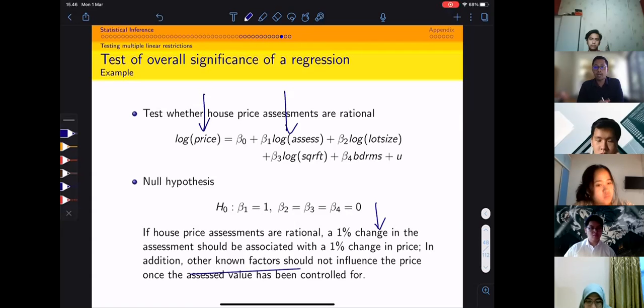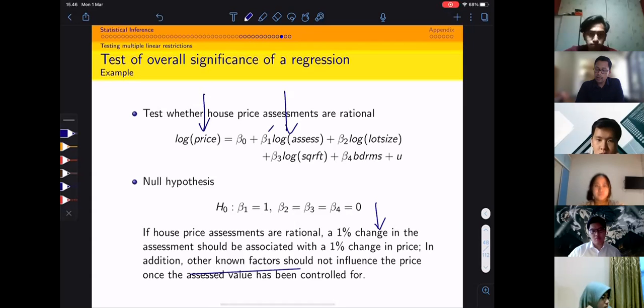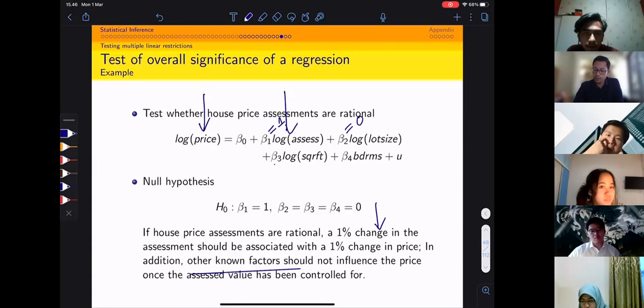So again, if the assessed value is rational, then other factors should not influence the price, conditional on the assessed value. And so what we're interested in is whether or not beta 1 is equal to 1, and beta 2 equals 0, beta 3 equals 0, and beta 4 equals 0.